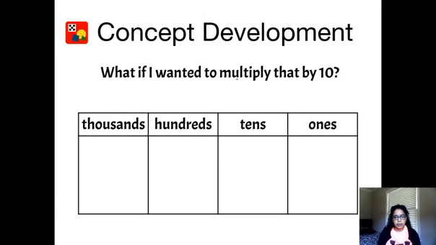So if I wanted to multiply that by 10, so we had 3 tens, right? And it's saying what happened if we wanted to multiply this by 10? What could we do? Or what will we come up with?